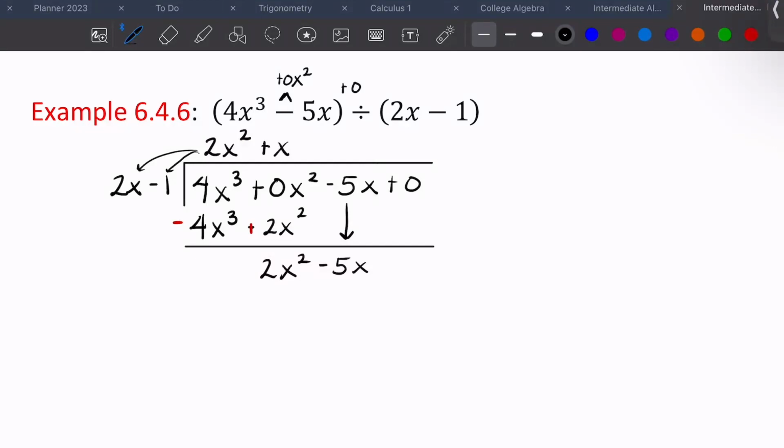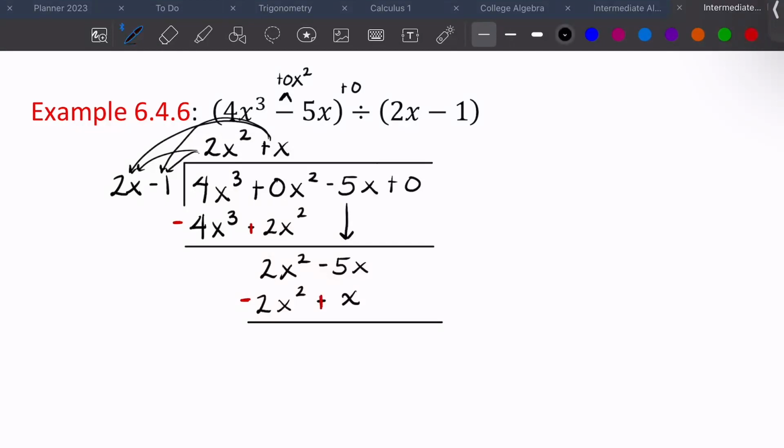Right? 2x times x give you 2x squared. So we get 2x squared. And then x times -1 is negative x. Change your signs. Gives us 0, that's what we want.